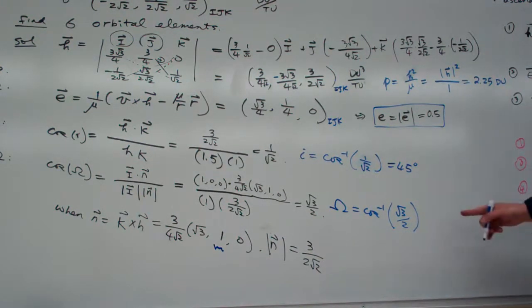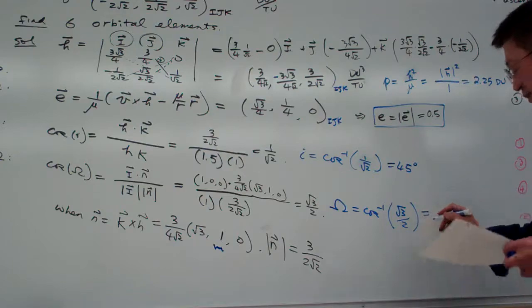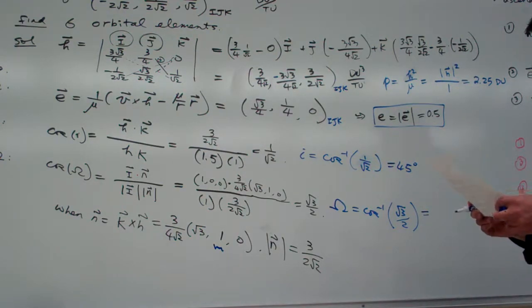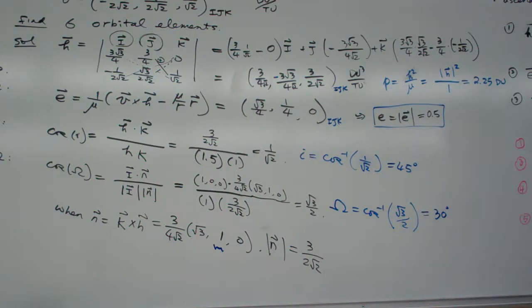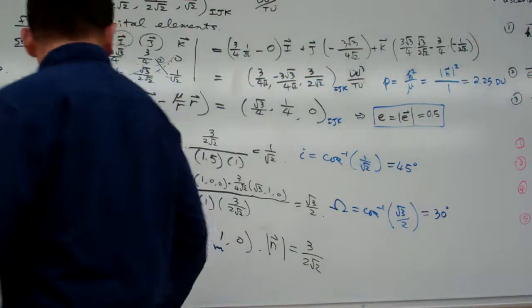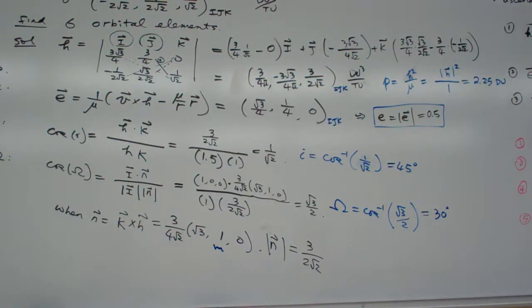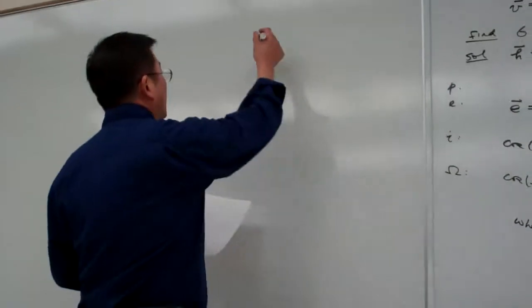So basically here we don't need this kind of handling. So whatever your calculator comes out, you just take that number, and that one equals 30 degrees. Okay? And then we determine omega.